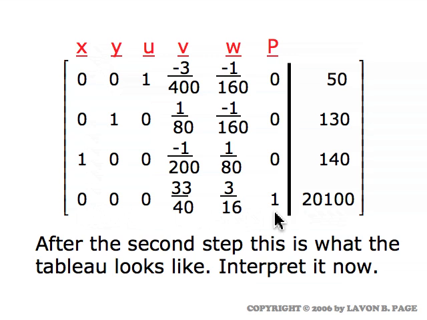So it's just a matter of interpreting where things stand. The columns which are not in the basic form of a 1 and the remaining numbers 0 are the V column and the W column. So we start out setting those variables equal to 0 and then look at the equations represented by the rows.